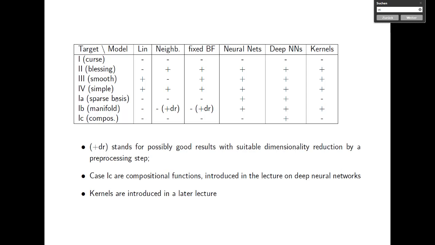Now, if we have sparse basis functions, now we need a method to find this subset of basis functions which are really relevant. Linear methods cannot do it, neighborhood methods cannot do it, fixed basis functions cannot do it, neural networks can do it, as we discussed, deep neural networks can also do it.